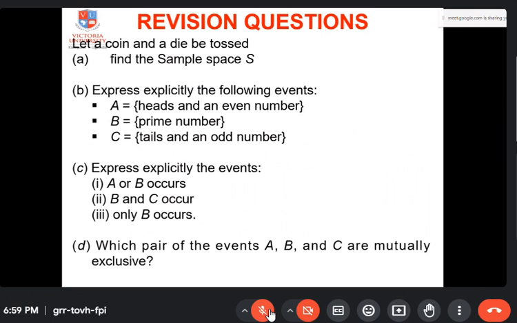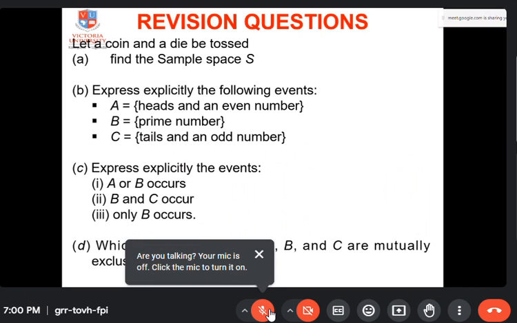Then B and C. So what do we mean there? B and C, we are looking at B intersection C. Can you find out what is there in B intersection C?